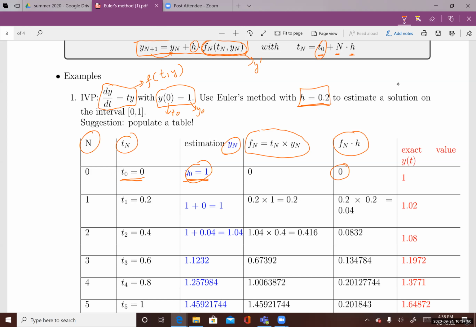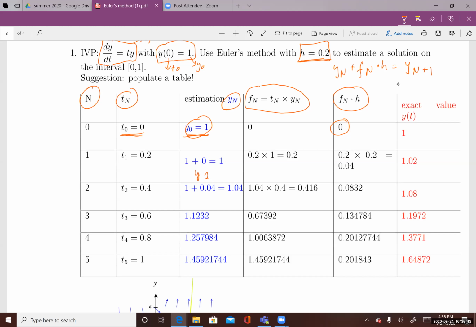Y sub n plus f sub n times h is going to be y sub n plus 1. So y1 equals 1, because 1 plus 0 is 1. And then I just keep calculating this information.